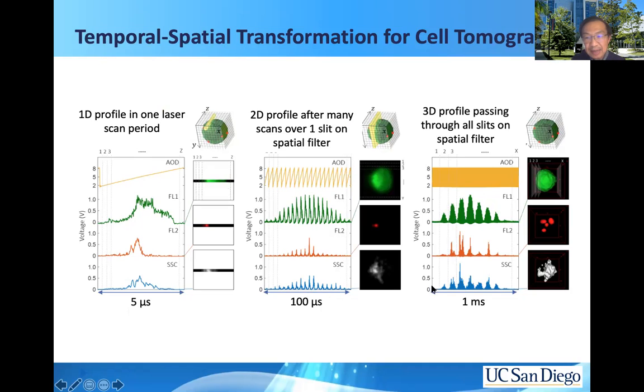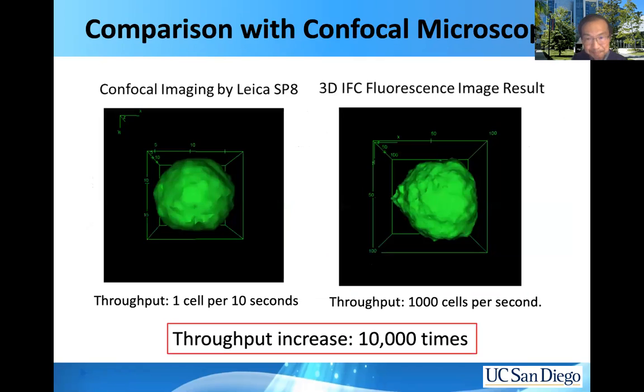After 1 millisecond, when the cell has traveled through 10 pinholes, we have all the information that can be transformed into three-dimensional tomography for the fluorescence signal, for the second-color fluorescence signal, and for the side scattering signal, showing the optical intensity or the protein density of the cell, including all the microorganelles.